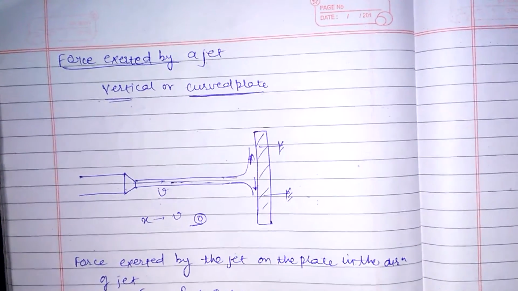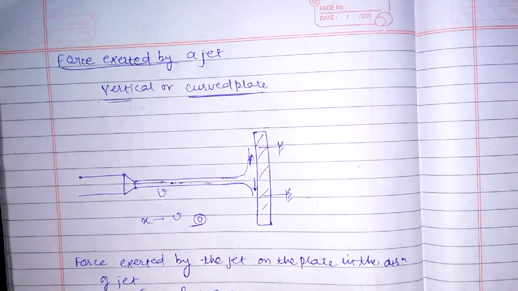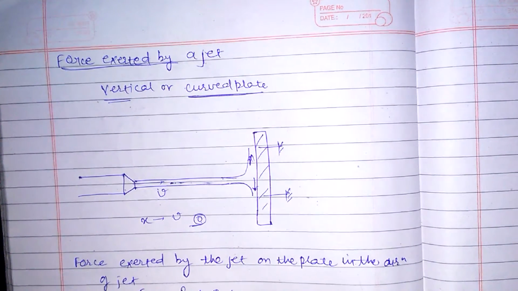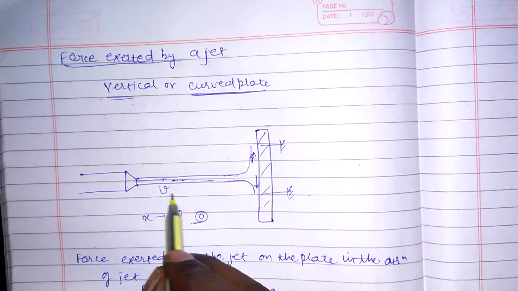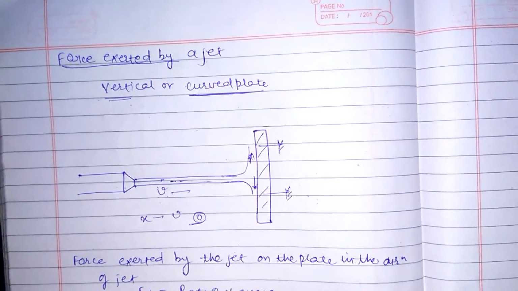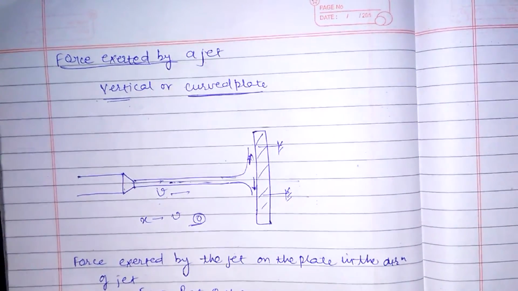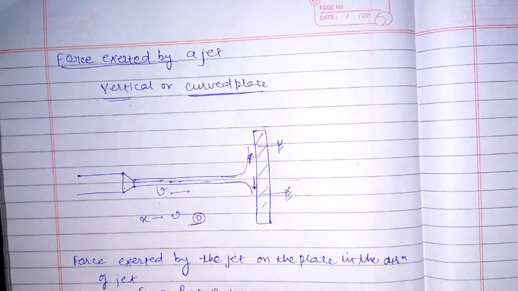When we put rho a l in place of m, with time below it, length upon time equals velocity, so it will be rho a v. Initial velocity in x direction is v and final velocity in x direction is 0, so it equals rho a v squared. This is the force exerted by the jet in the x direction.